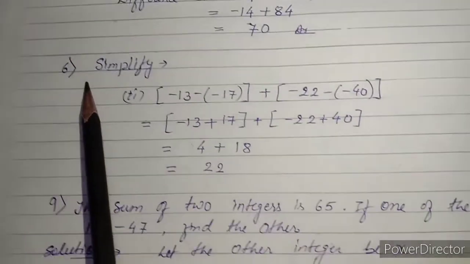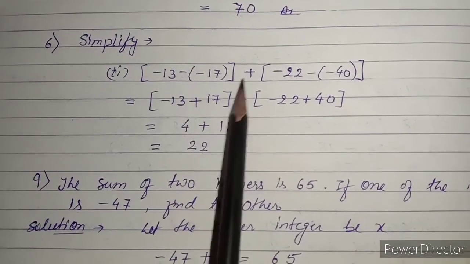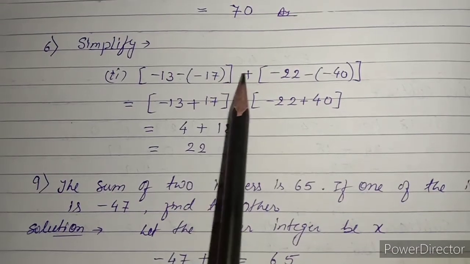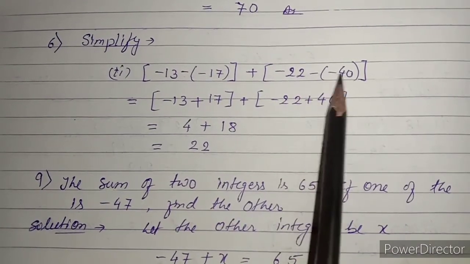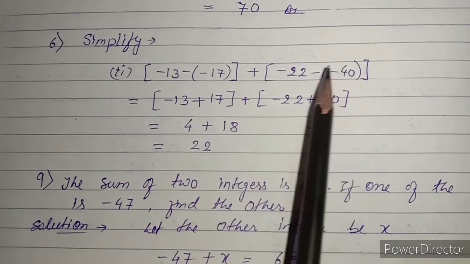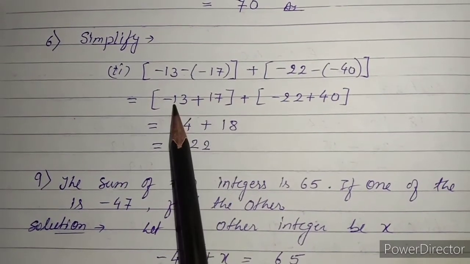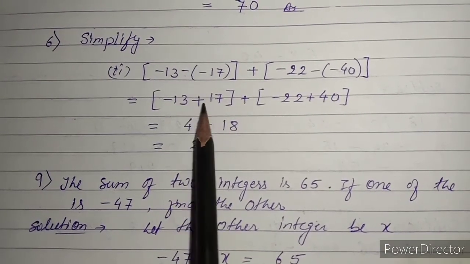Next question is simplify. You can see the question. Within the bracket minus 13 minus, then minus 17 within the bracket, then plus, then again minus 22 minus and minus 40 within the bracket. According to the BODMAS rule, first you have to remove the small bracket. If you remove the small bracket, minus into minus is plus here.